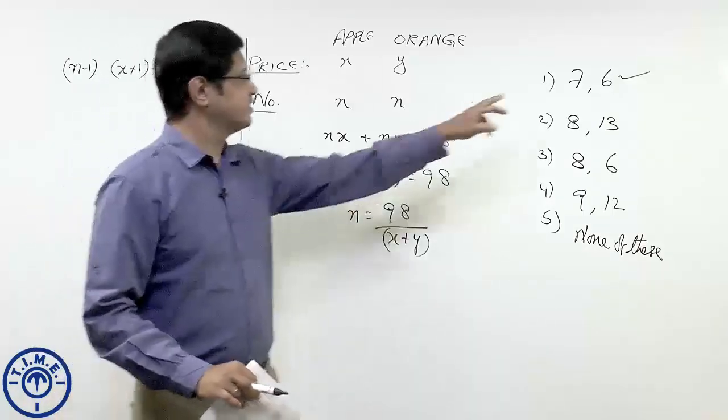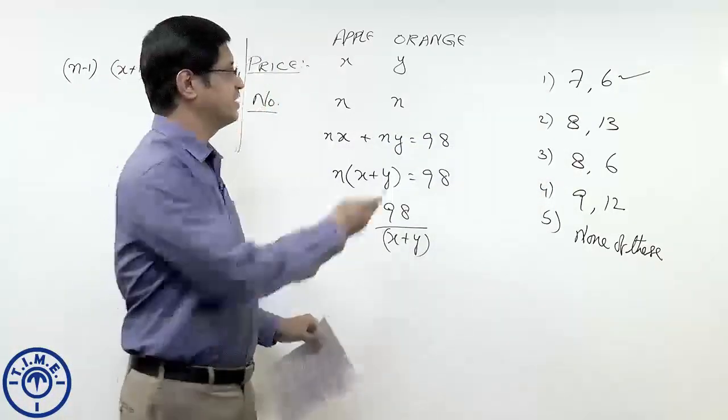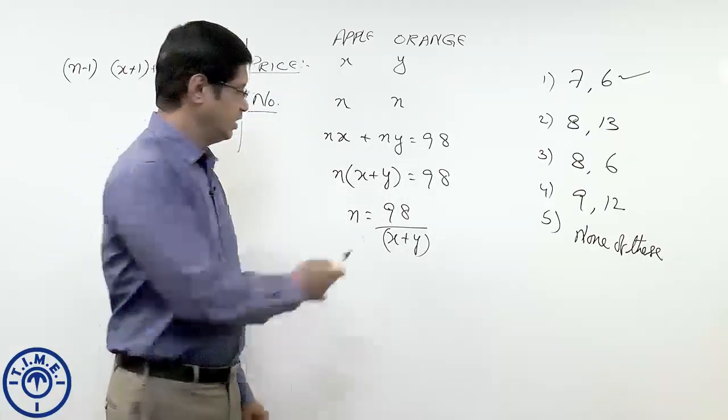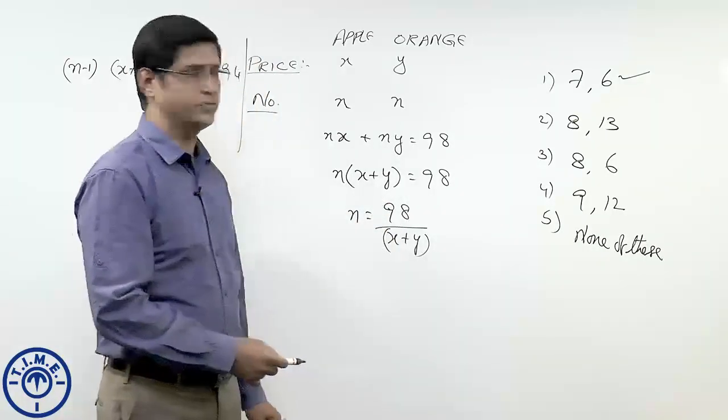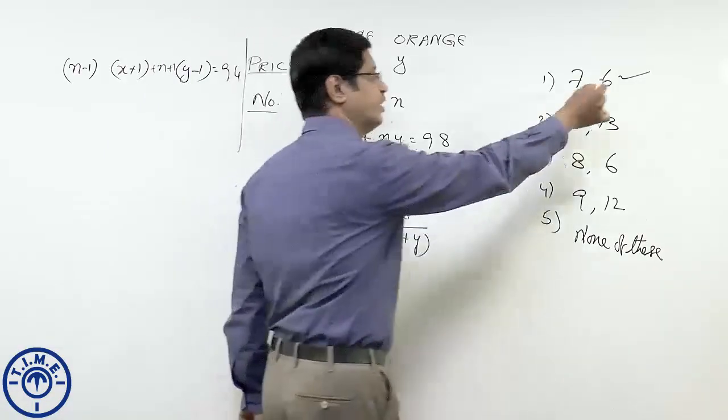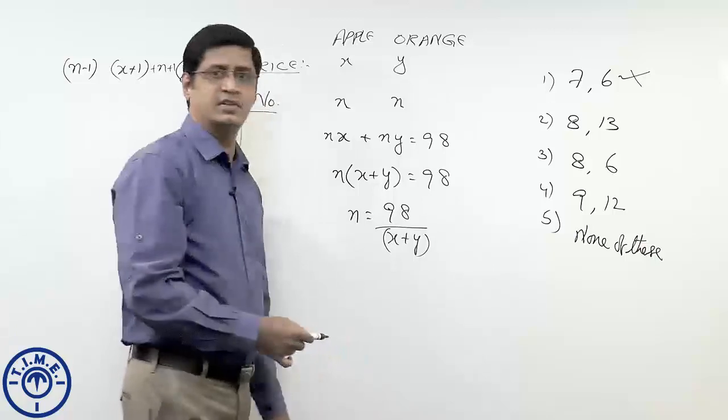The sum of 7 and 6 is 13. Now, 98 is not a multiple of 13. Hence, it is not possible with choice one.